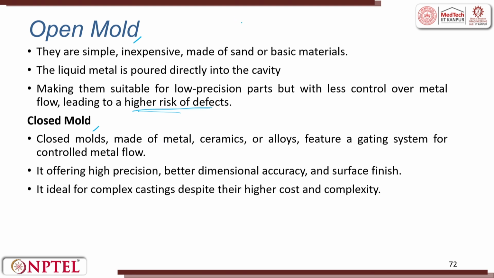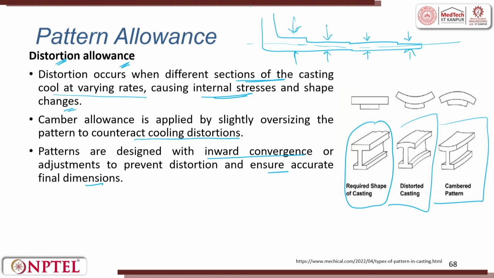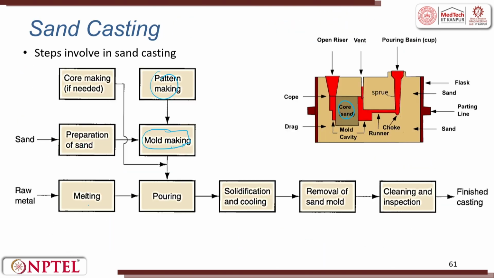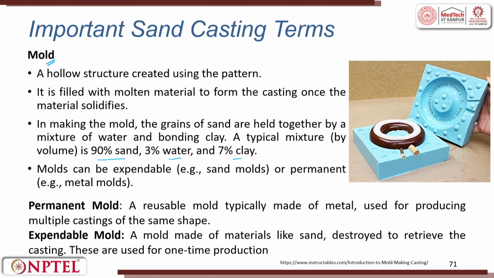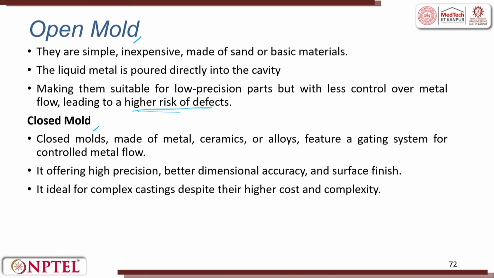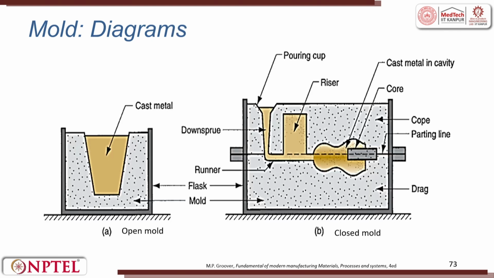So, this is a closed mold. If you see here, this is a closed mold. Closed mold made of metal, ceramic or alloy features a gating system for controlled metal flow. It offers high precision, better dimensional accuracy and surface finish. It is ideal for complex shapes despite its higher cost and complexity.